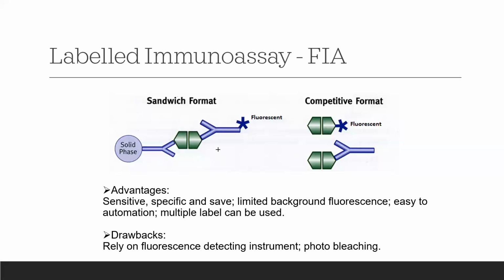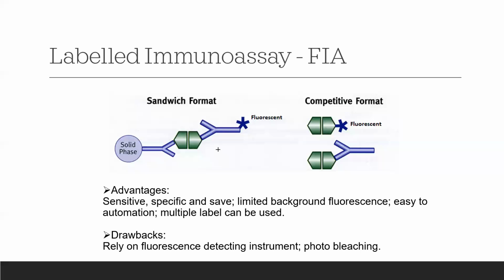It's sensitive and specific, there's limited background noise, and it's easy to automate. Sometimes different labels can be used at the same time. The limitation is that it relies on a fluorescent detecting system, which is expensive, and there's also the possibility of photobleaching.